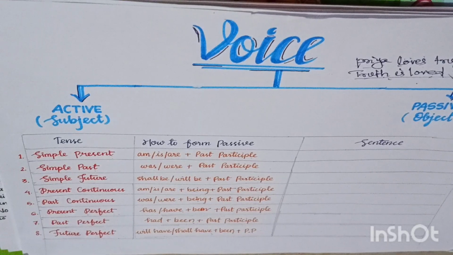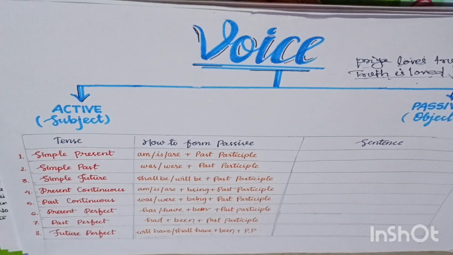We illustrate here one example: Priya loves the truth. That sentence is otherwise written as: truth is loved by Priya. Both sentences have the same meaning, but they are written in different ways. The first sentence is in active voice, and the second is called passive voice.